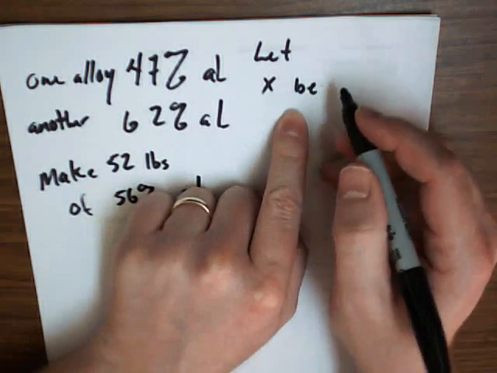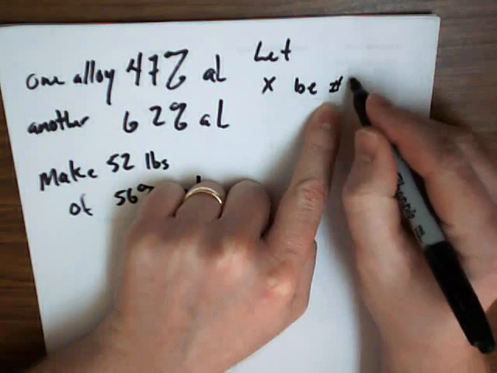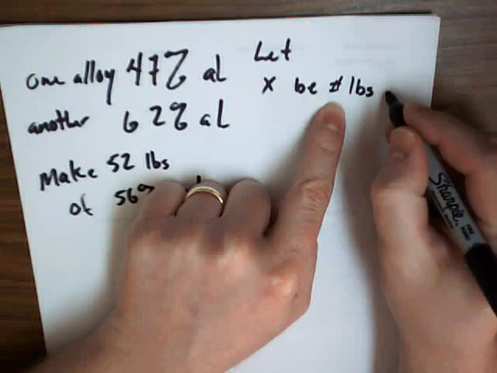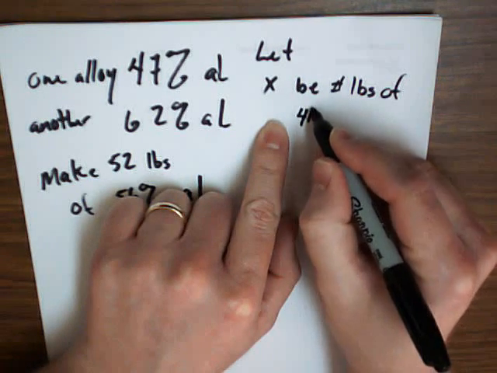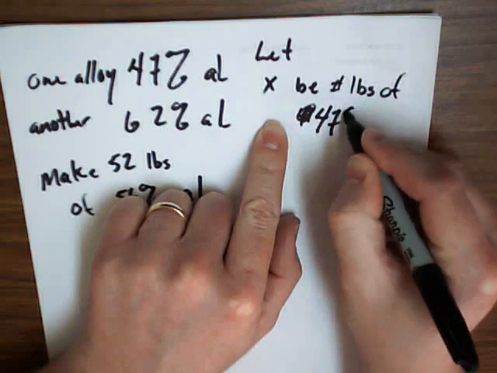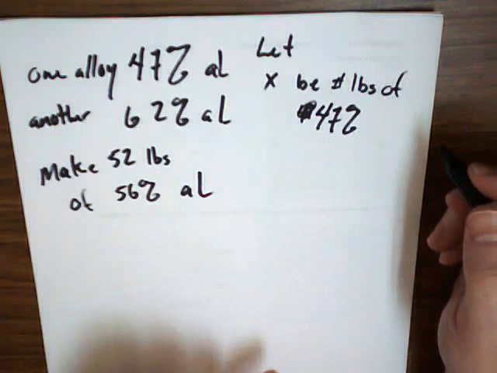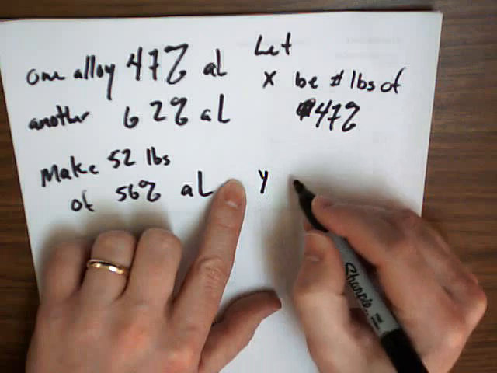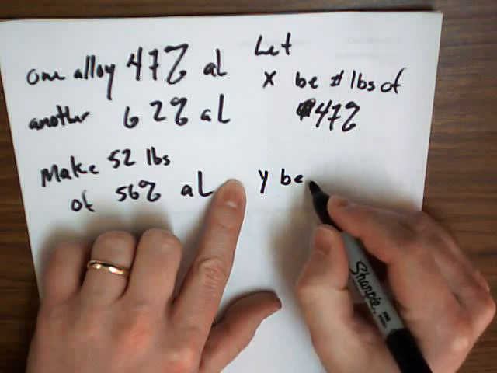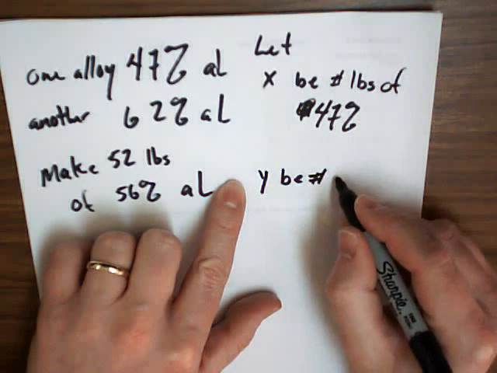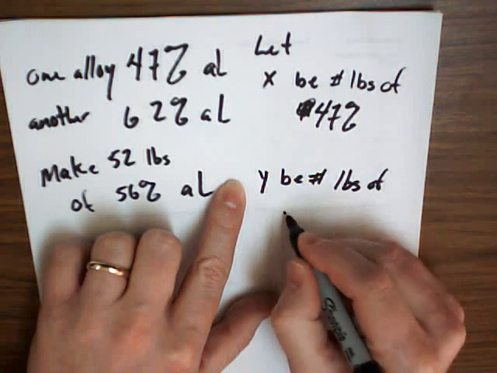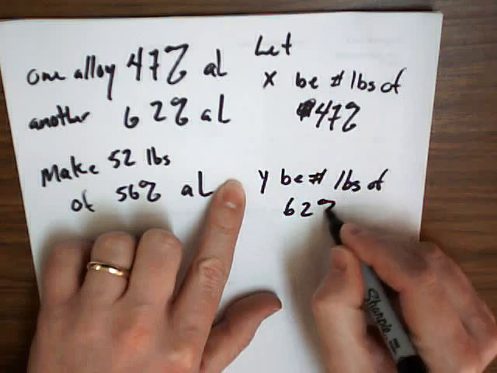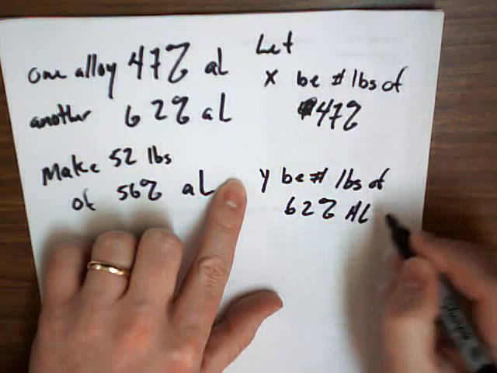So let x be the number of pounds of 47%. And then what do you want y to be? Okay, so y is the number of pounds of 62% aluminum.